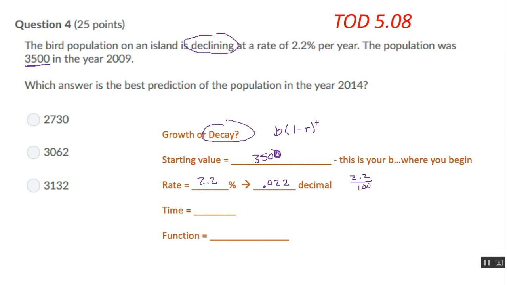On the time, I take the 2009 and 2014, and I just subtract them to figure out how many years have passed. So 5 years. So my function here is 3,500 times 1 minus my rate to the 5th power. So now I'm going to take this and go into Desmos.